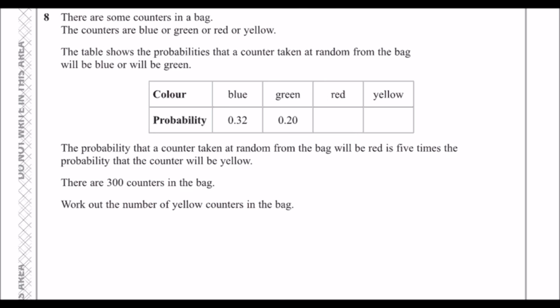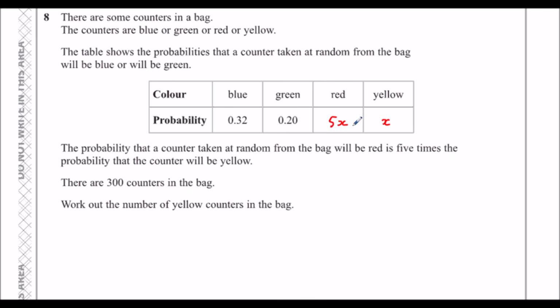The probability that a counter taken at random from the bag will be red is 5 times the probability it will be yellow. So red is 5 times as much as yellow, so we can call them X and 5X. There are 300 counters in the bag. Work out the number of yellow counters in the bag.